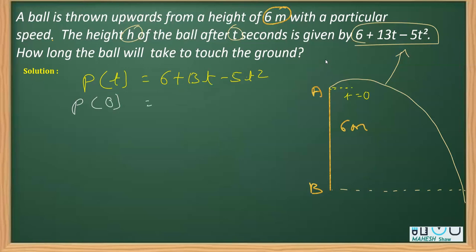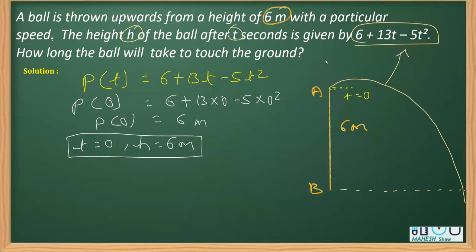When the time is 0, substituting t as 0, we get 13 into 0 minus 5 into 0 square. It comes out to be 0, plus 6 plus 0, which is 6 meter. That's right. So when time is 0, the height is 6 meter. This is what we already know.